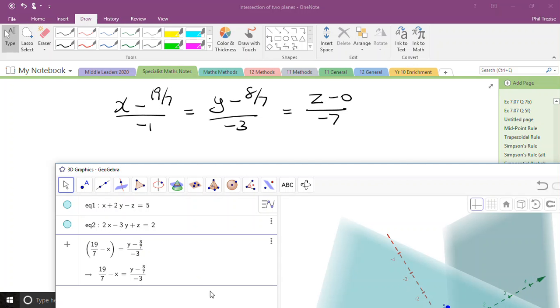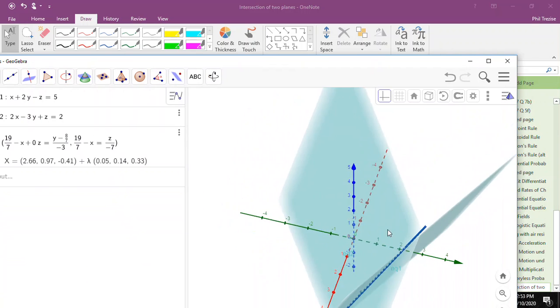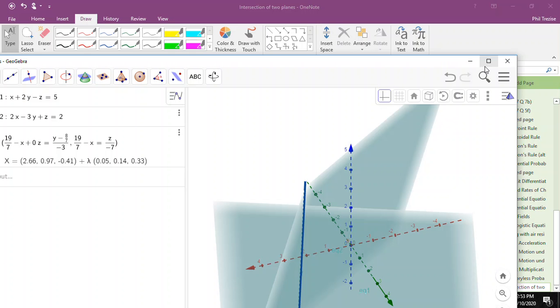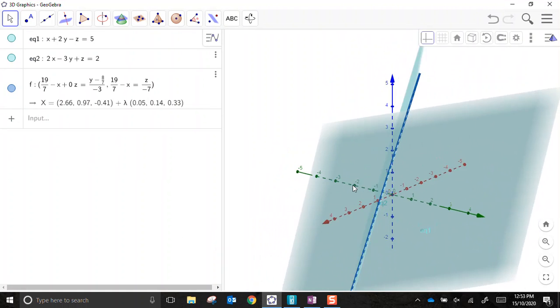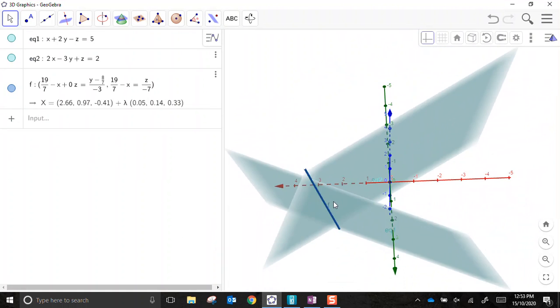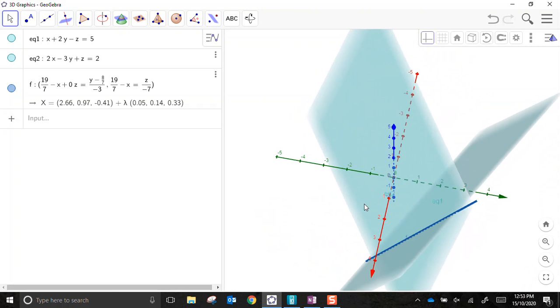Equals z over negative 7. So let's just bring this along, and what do you know, that blue line that's just appeared is the equation of that straight line, and that is most definitely the intersection of our two planes. There you have it.